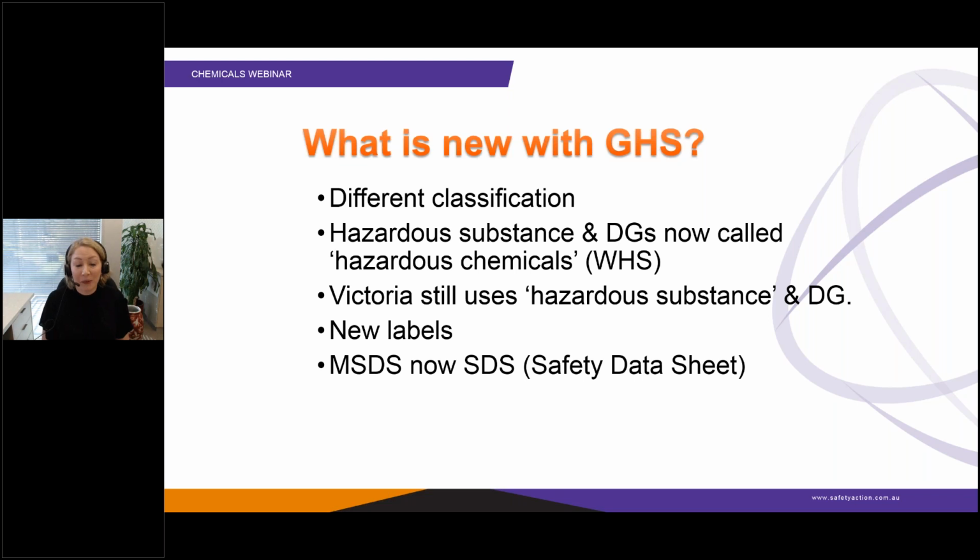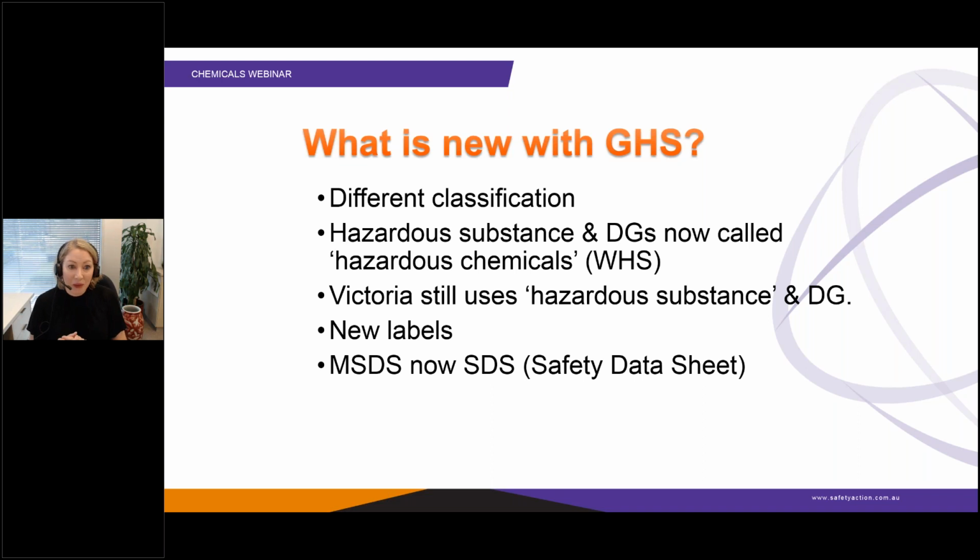Although largely hazardous substances and dangerous goods have all become hazardous chemicals, because the classification criteria is different, some substances that were hazardous substances may not be hazardous chemicals, and some dangerous goods, for example many miscellaneous dangerous goods, do not meet the hazardous chemicals classification criteria and therefore are not hazardous chemicals, but they are still dangerous goods.